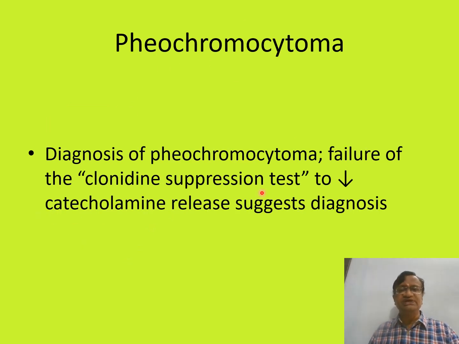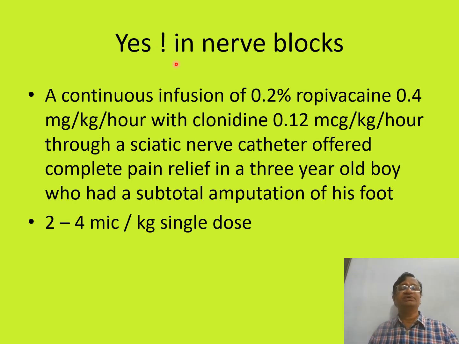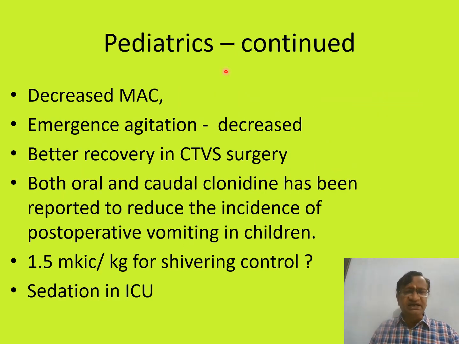Diagnosis of pheochromocytoma, failure of the clonidine suppression test. It is used in pediatrics. Clonidine is 4 mcg per kg orally, intranasally. Atropine, if you give, decreases the side effects. A continuous infusion of 0.2% ropivacaine with clonidine 0.2 mcg per kg per hour through a sciatic nerve catheter. See, everywhere it is used. In pediatrics, decreased demand.